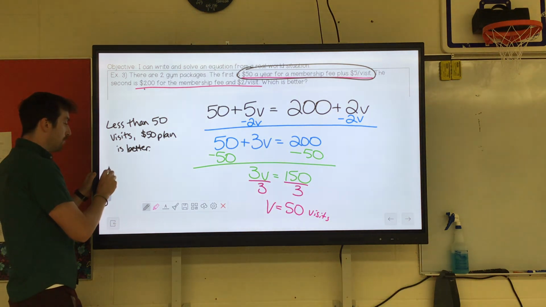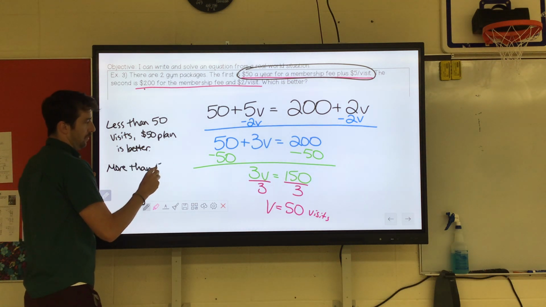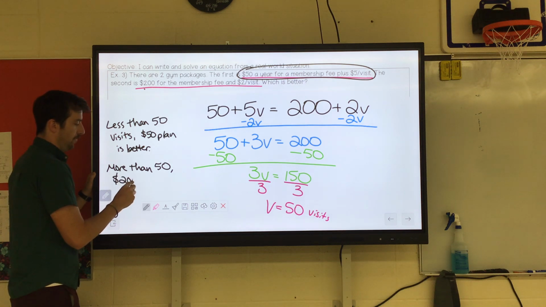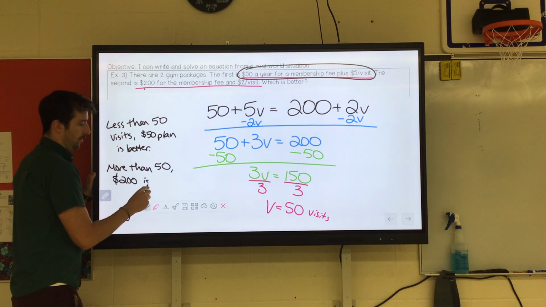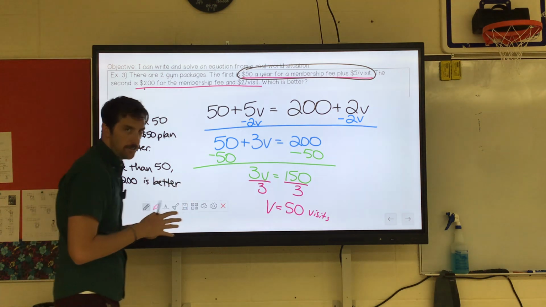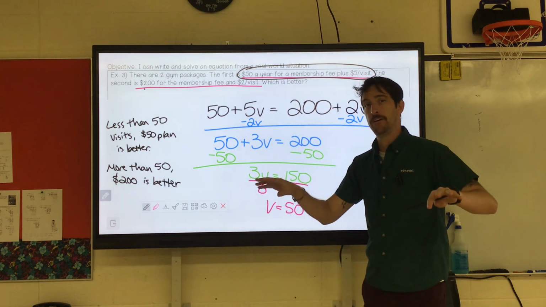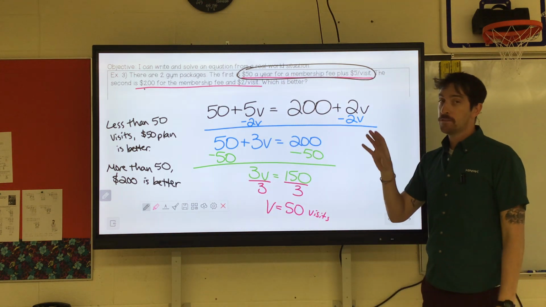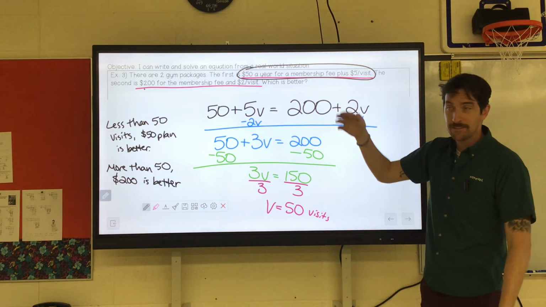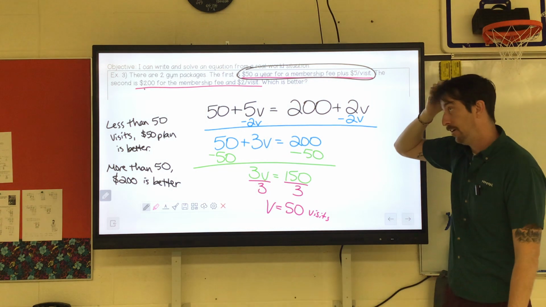If we go more than 50 times, the $200 plan is better, because then we're only paying that $2 each time that we go. If we go 50 times, they're the exact same. It doesn't matter. But anything more than 50, the $200 plus the $2 is better. Any less than 50, the $50 plus $5 each time is better.